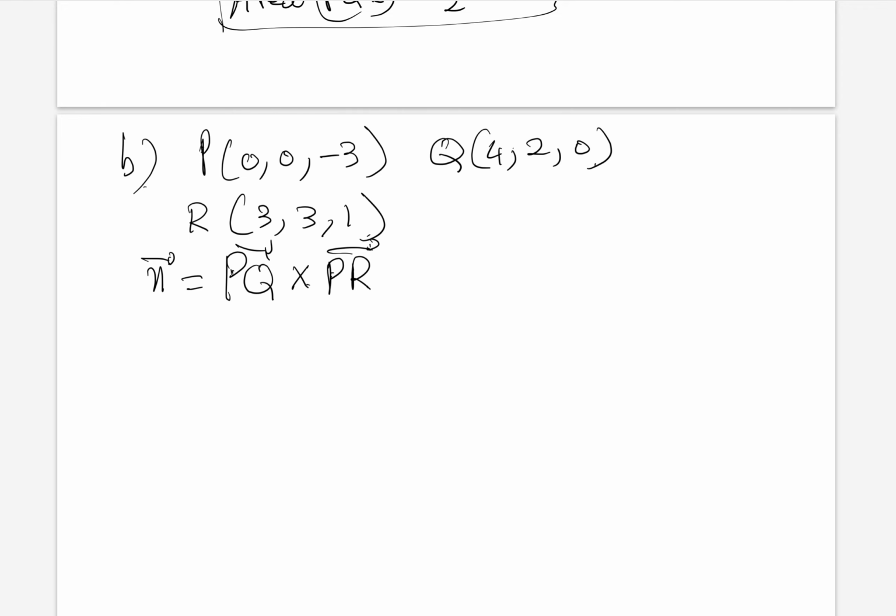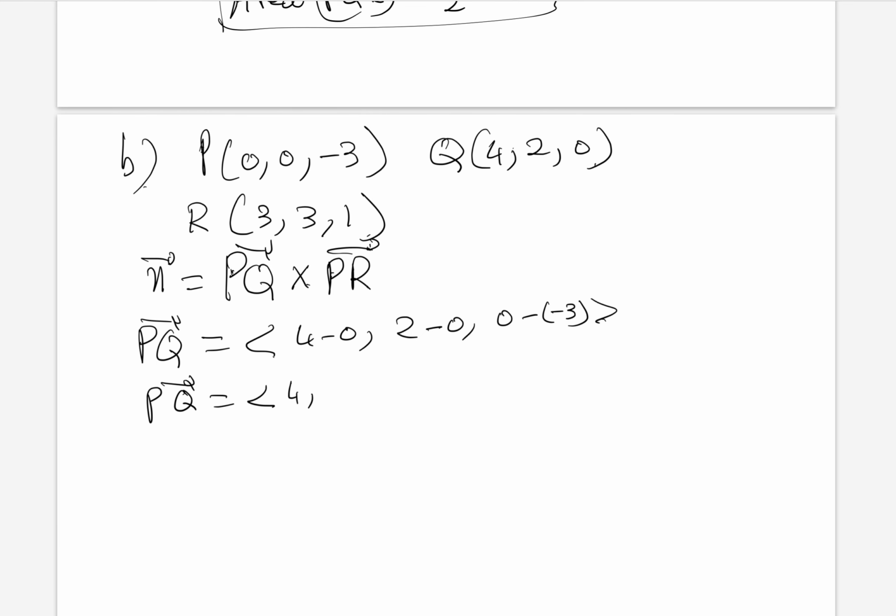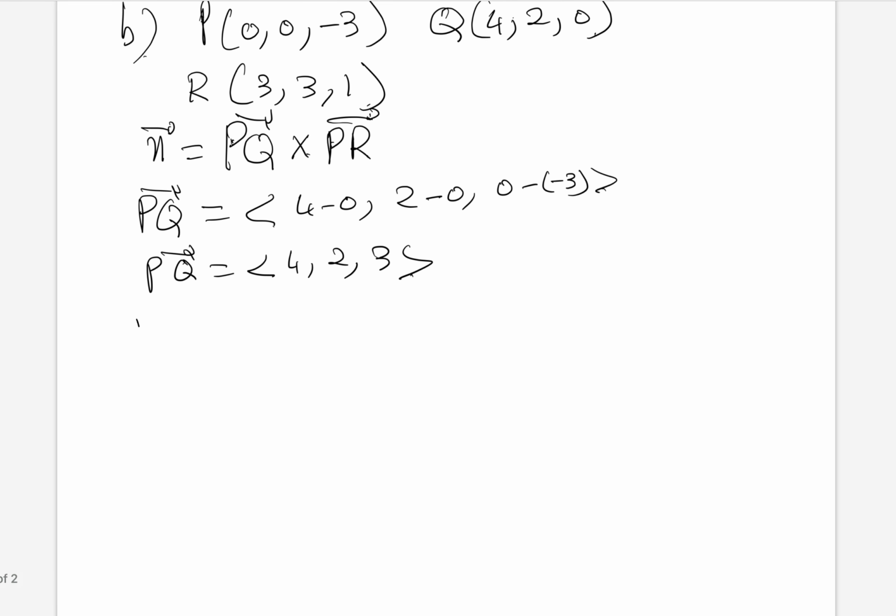Okay? So now let's find the PQ vector, which is equal to 4 minus 0, 2 minus 0, and 0 minus (-3). So the PQ vector is equal to 4, 2, and 3. Now let's find the PR vector.